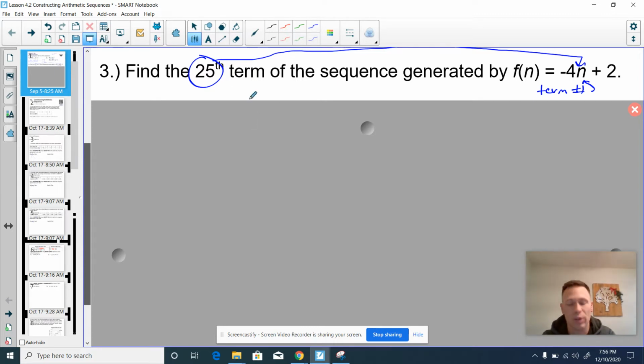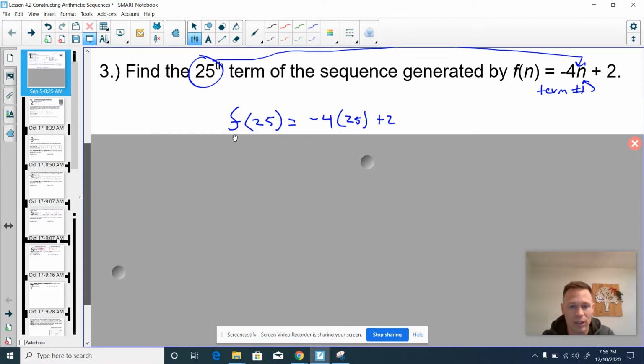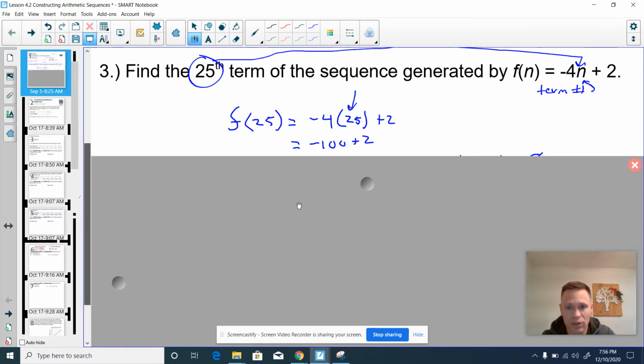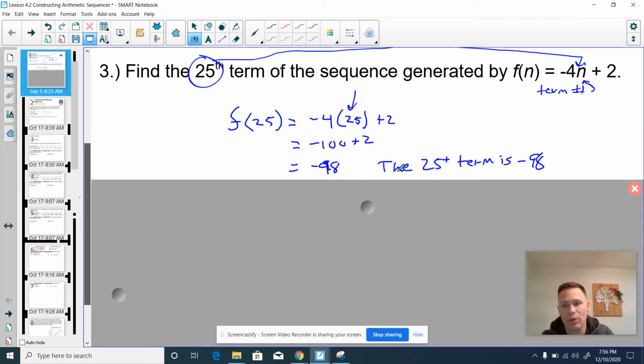So if I want to find the 25th term, I substitute that in for n. And remember, it actually kind of goes in two places, right? It's f of 25, which is a function evaluated at 25, but again, it's telling us the 25th term. And again, notice it went in right here. Negative 4 times 25 is negative 100. Plus 2 would be negative 98. And so we can say that the 25th term is negative 98.